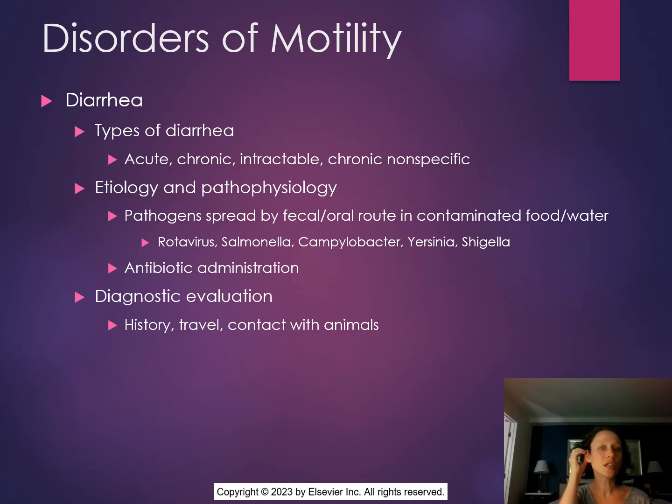Okay, so we already talked a little bit about diarrhea. So of course, there are a lot of different viruses that can cause diarrhea. We're familiar with a lot of them: rotavirus, salmonella, I can't say it, but Campylobacter, Yersinia, I can't say that.